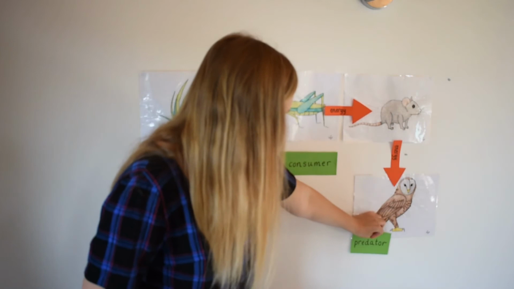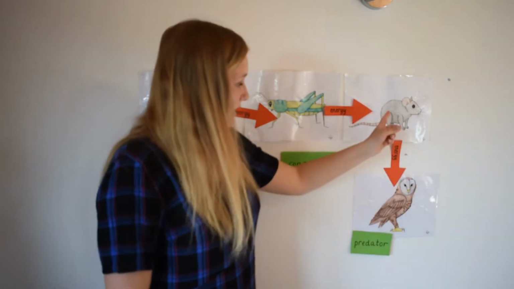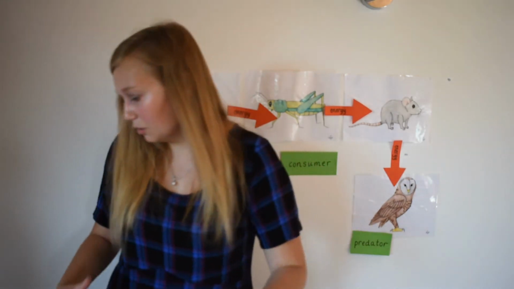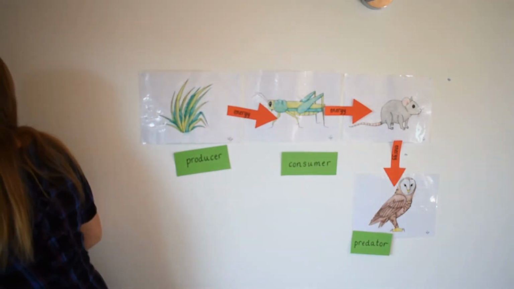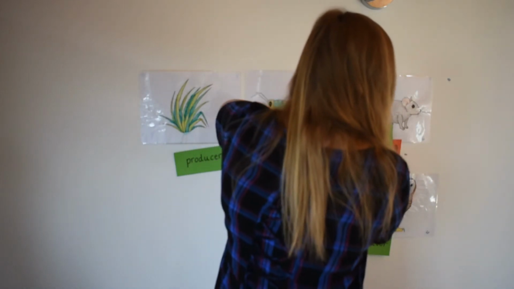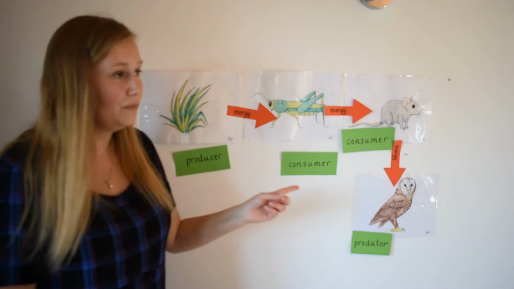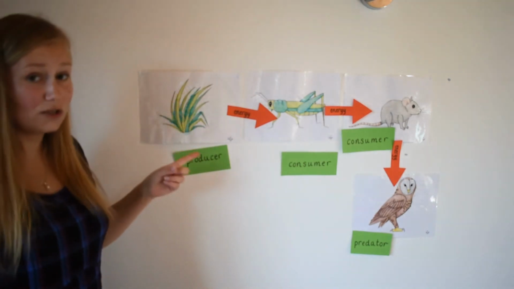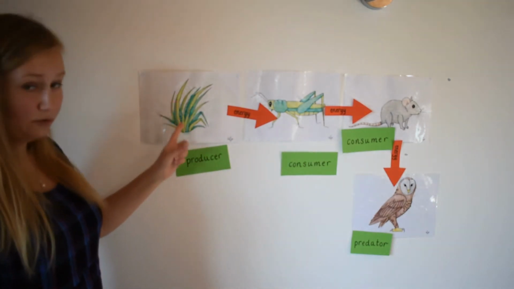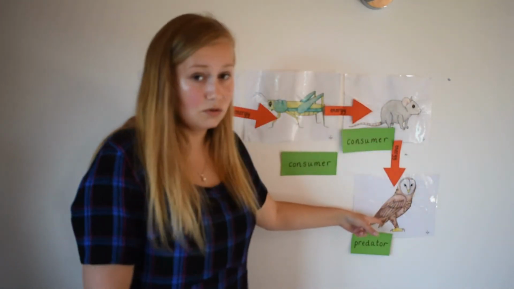It's the one that's looking for its prey, the thing that it has eaten. It looks for its prey and it gobbles it up. And the mouse is another consumer, okay, because it's done some eating because it gobbled up the grasshopper. Okay, so the energy has travelled from the grass to the grasshopper to the mouse to the owl.